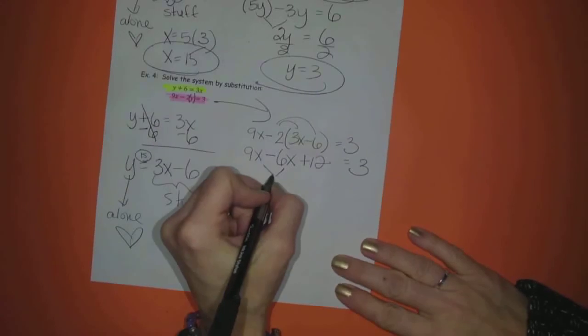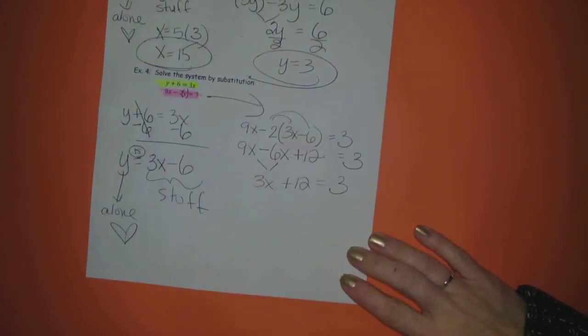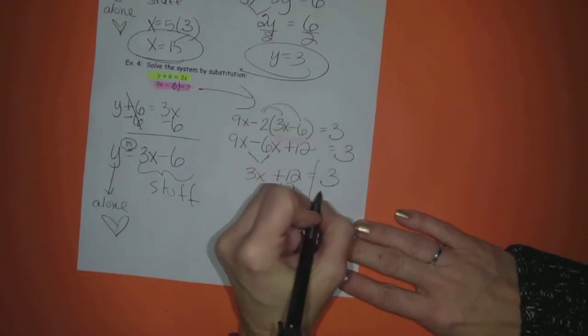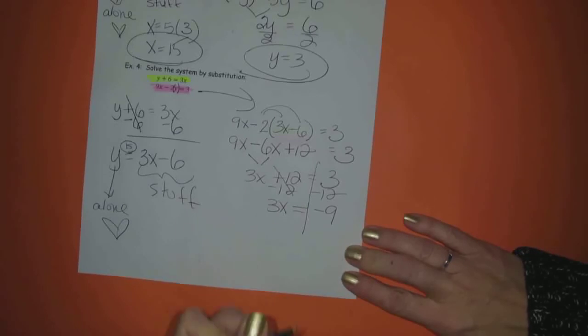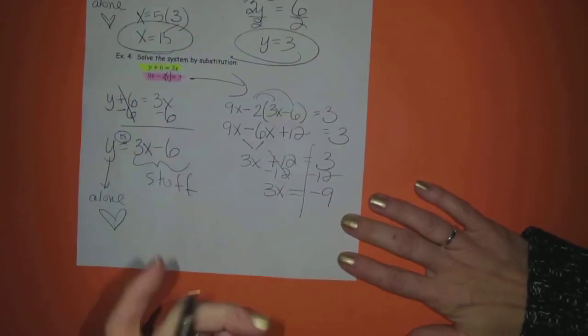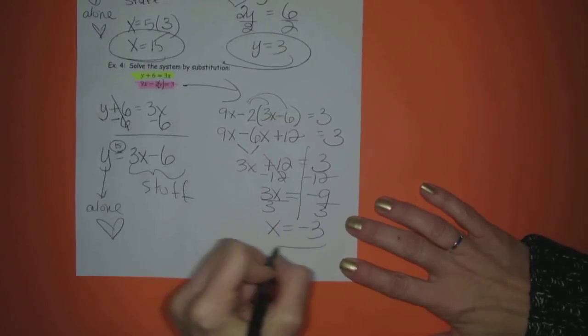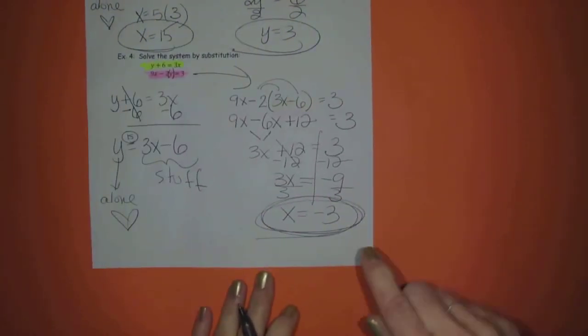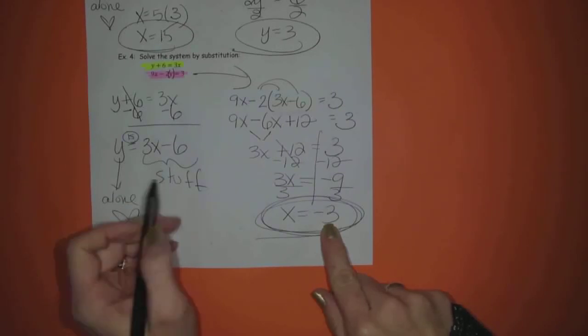Combine your like terms. We got 3x plus 12 equals 3. Minus that 12. 3x equals negative 9. If I'm going too fast, pause me. Divide by 3. X equals negative 3. Done. Take this, go back to the stuff, and get your y.